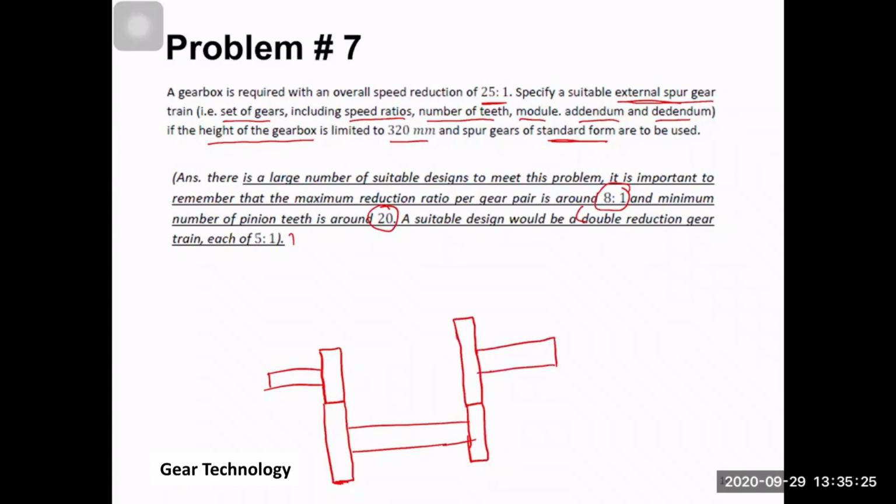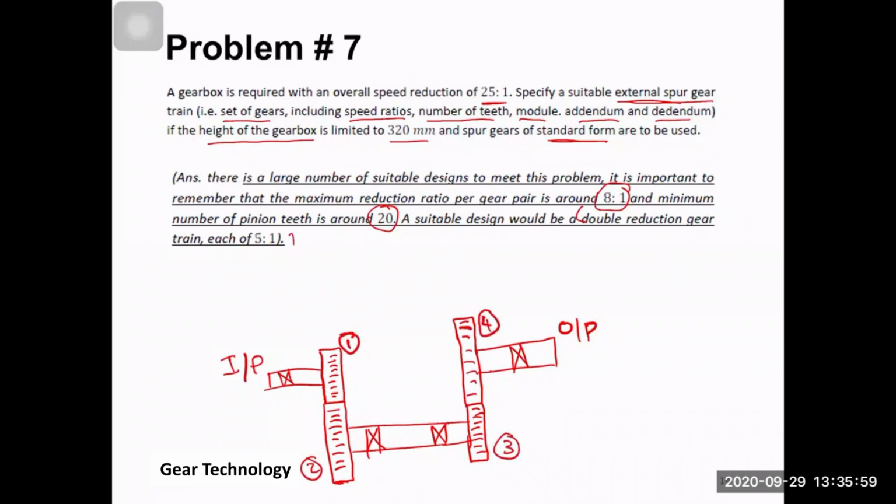So this is the input shaft, and this is the output shaft. Then you have here the pinion, and then you have here the gear, and then you have an intermediate shaft here, then you have another driver here that is going to drive this.